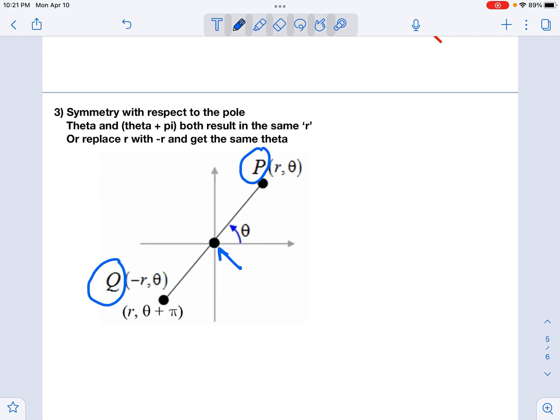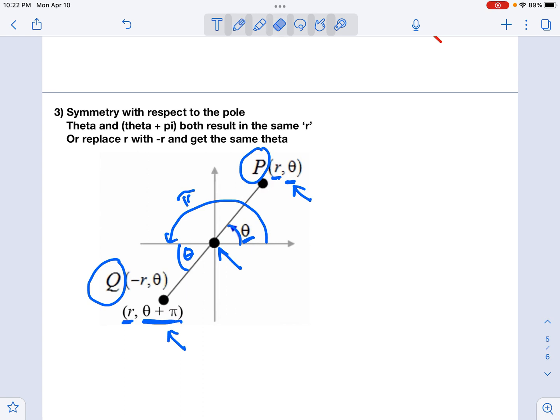A test for that: here we have pi, and here we have theta, and here we have pi, and because of opposite angles, this is also theta. So you have (r, theta plus pi) and (r, theta). You can replace theta with theta plus pi, and you should get the same r.